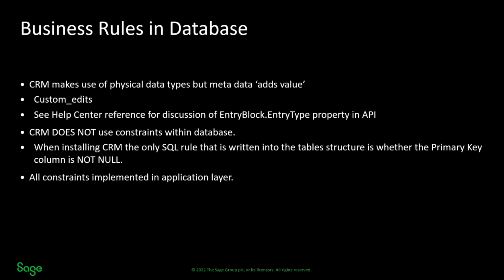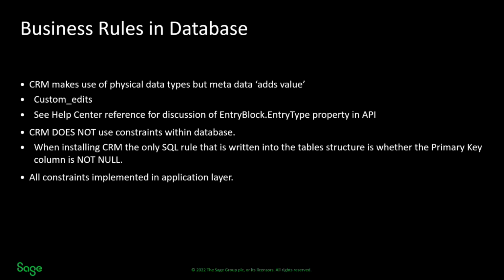Now, Sage CRM, importantly, doesn't use constraints within the database. You can express allowed values inside the database, you can express minimum and maximum values inside the database, but we don't do that within Sage CRM. That type of constraint is expressed only in metadata. And the only rule expressed inside Sage CRM within the database is in fact whether the primary key is a not null primary key.